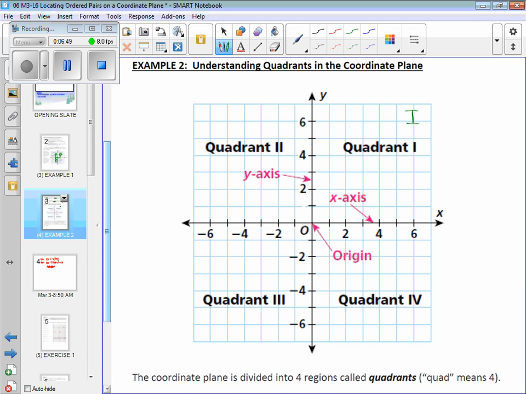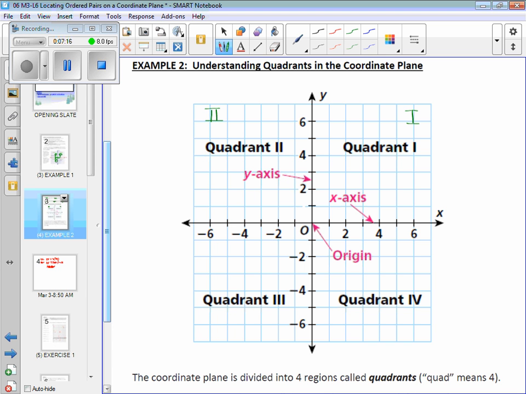Then here's what you have to remember. The opposite direction of the hands of a clock, what we call counterclockwise, is the direction that we have to go when we label the remaining quadrants. So starting with the upper right, you are now going to go to which quadrant? Upper left. And that's called quadrant 2, and that's what Roman numeral 2 looks like.